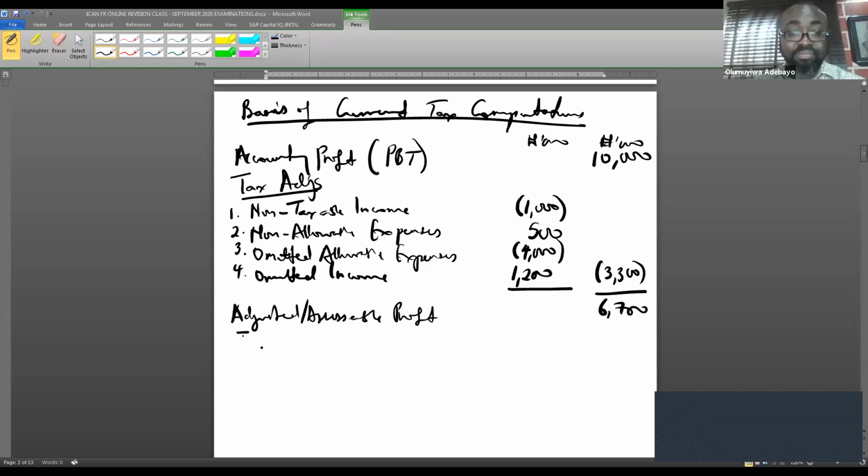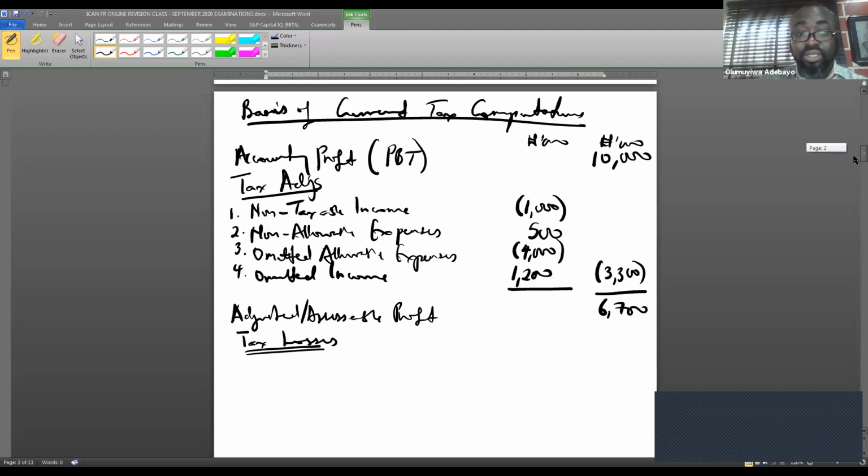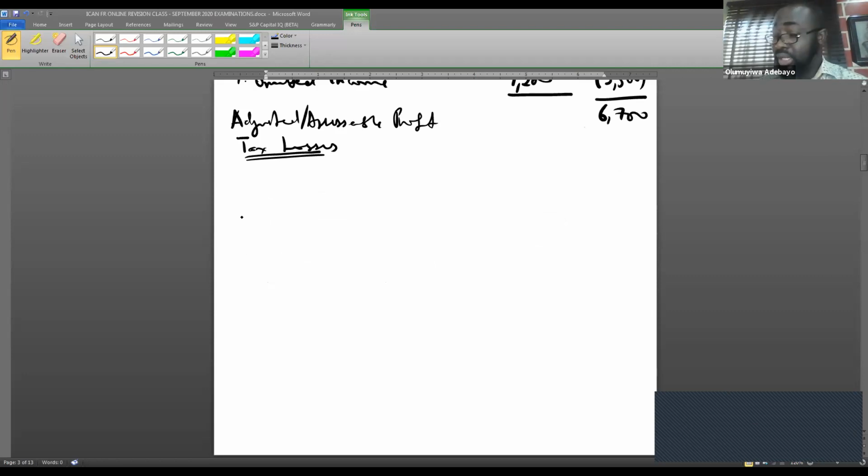Now remember, as I've said earlier, when you make profit, government participates in that profit. Likewise, when you make losses, government will also participate. In that situation, losses that were made last year and carried forward to this year will invariably be brought forward.